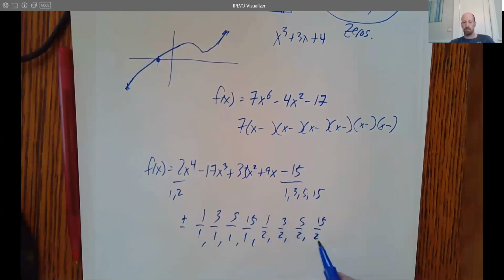Sometimes these will be the same, right? Like if it's 10 over 2 and 5 over 1, well, then I don't need the 10 over 2, right? I've already got that one. But in this case, they're each different. So I end up actually with 1, 2, 3, 4, 5, 6, 7, 8, and they can be plus or minus. So there's 16 possible rational zeros.